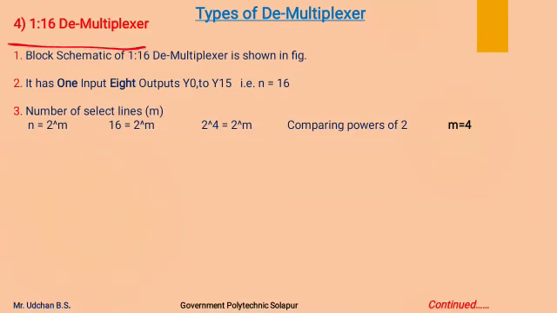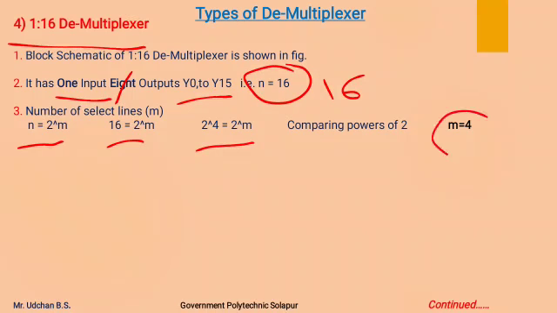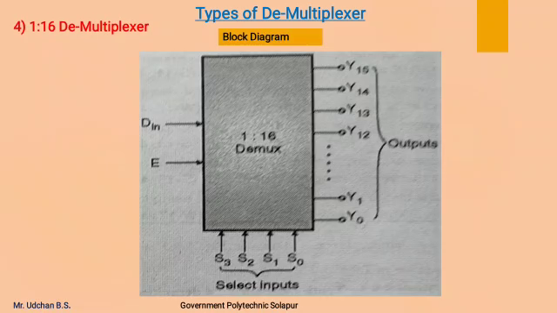Next is the 1:16 demultiplexer, which is having one input. Sorry, here by mistake 8 is written, actually it is 16 output lines. It contains Y0 to Y15, so n is 16, and depending on the value of n, the number of select lines can be decided. In this case m will be 4, so for the 1:16 demultiplexer, the number of select lines will be 4.